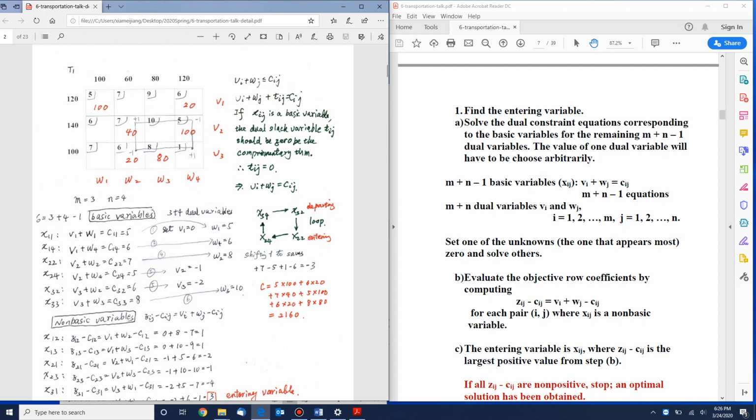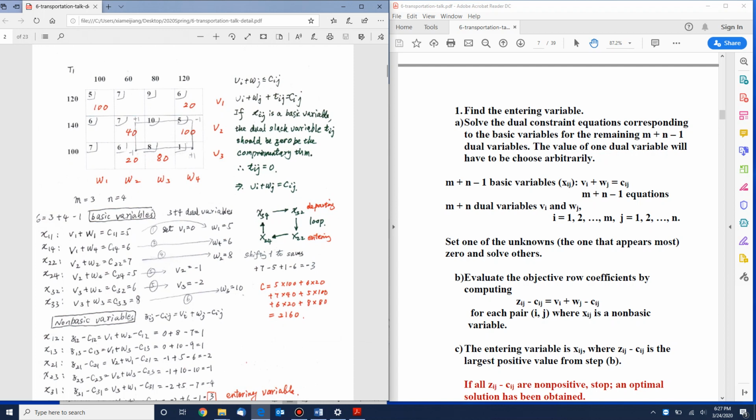So here we have 5 multiplied by X11, 100, and 6 multiplied by 20. That's the cost for the shipment from source 1 to market 4, right? So C14 equals 6, 6 multiplied by 20.